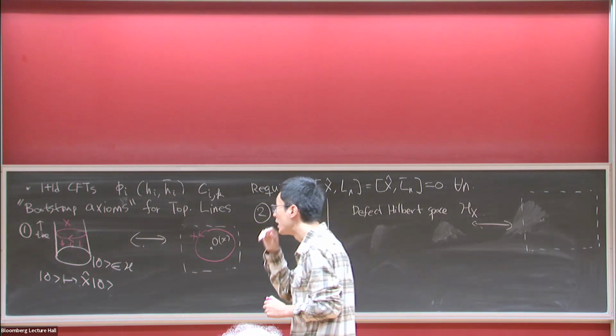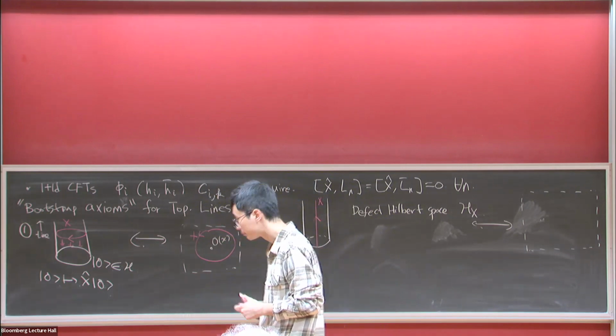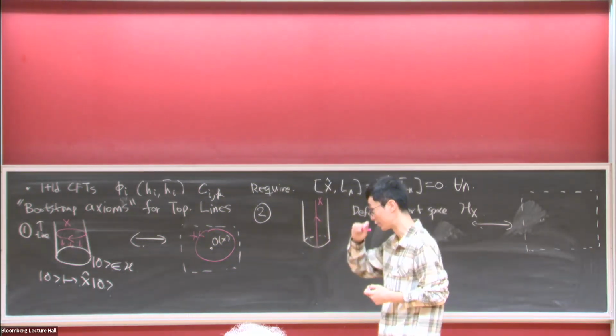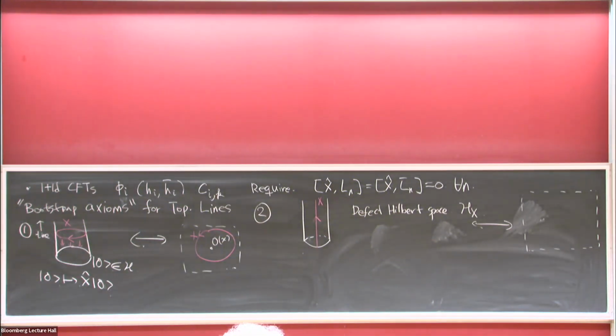So it's not always the case. Even in a unitary theory, you can find topological lines where the twisted Hilbert space actually doesn't respect unitarity. I'm asking because I guess you're allowing non-invertible symmetries. That's right. So remind me, what happens if you have a non-invertible symmetry along that direction?